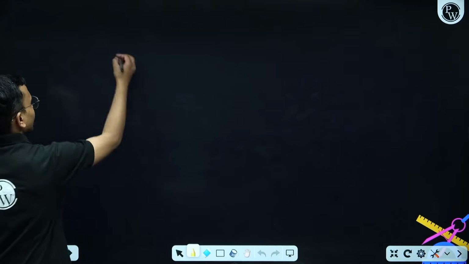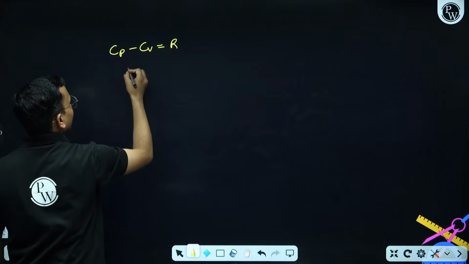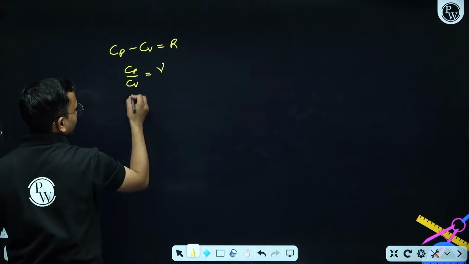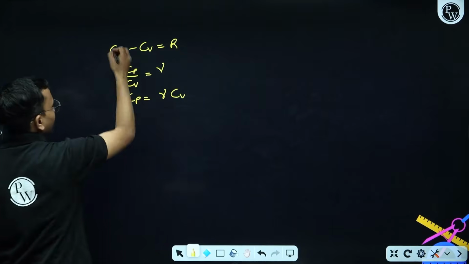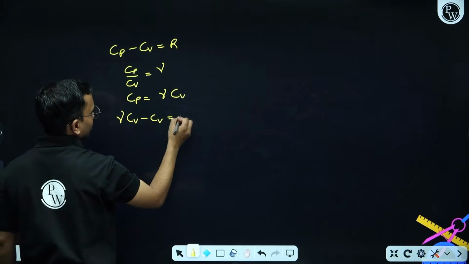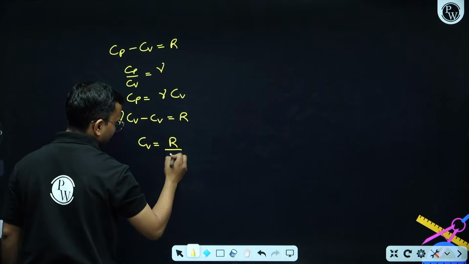Like I got Cp minus Cv is equal to R, and Cp by Cv, this is my gamma. So Cp is basically gamma into Cv. So if I put it here, gamma into Cv minus Cv is equal to R. From there Cv comes out to be R divided by gamma minus 1.